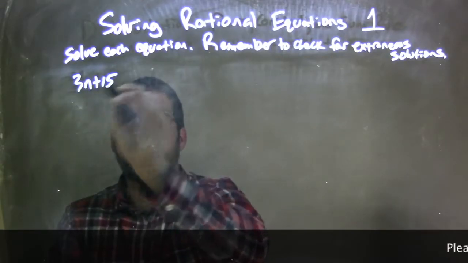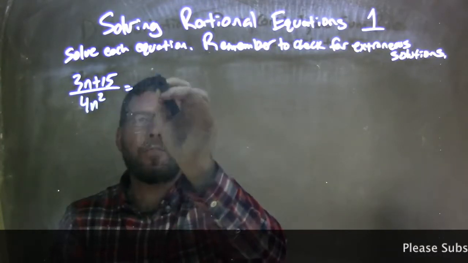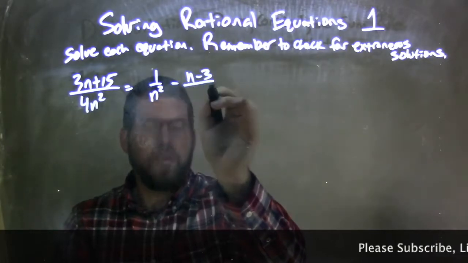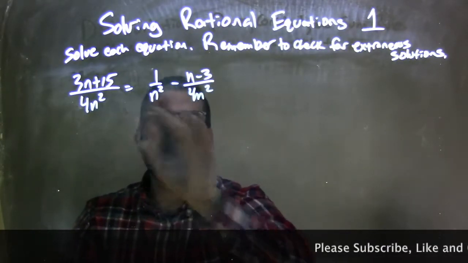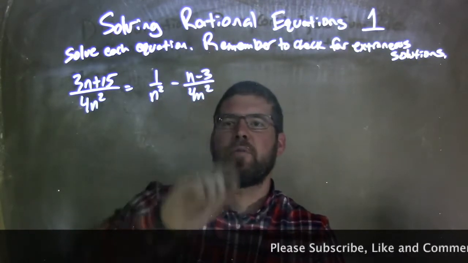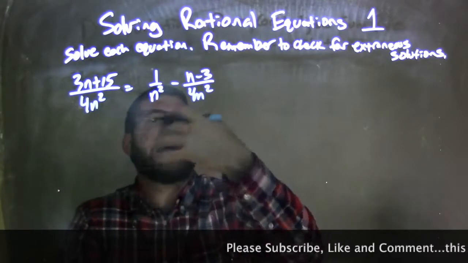3n plus 15 over 4n squared equals 1 over n squared minus n minus 3 over 4n squared. Well, I see that they don't have the same base, these two fractions, the 1 over n squared and n minus 3 over 4n squared. So I need to make them so they have the same base so that I can combine them.